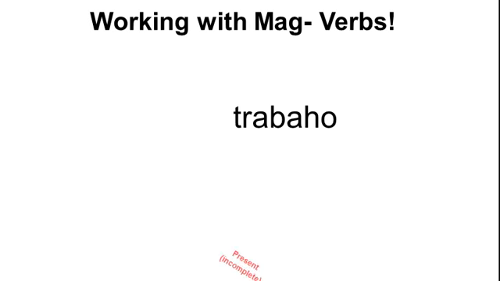Past tense. Present tense. Working now. What do we use? Nug, right? But before we can use nug, we need to double up the first syllable. But look at it. It's not really doubled up, right? Try to say tra-tra bajo.